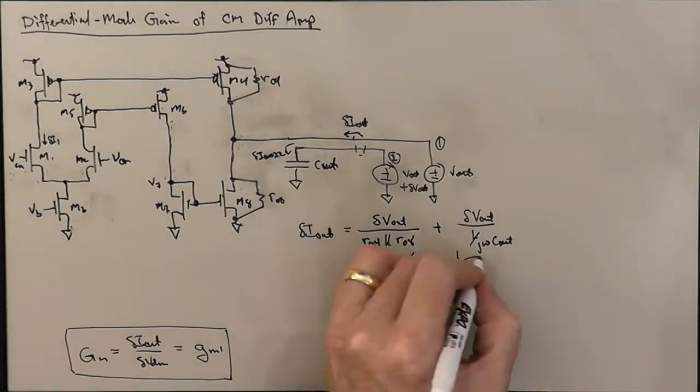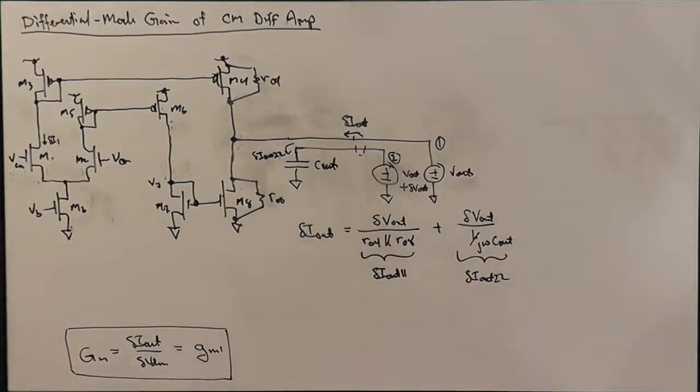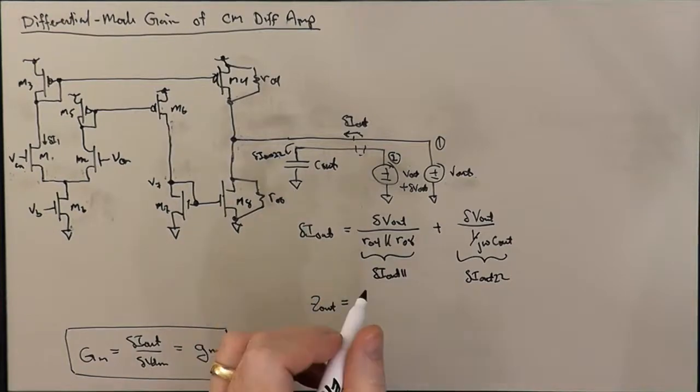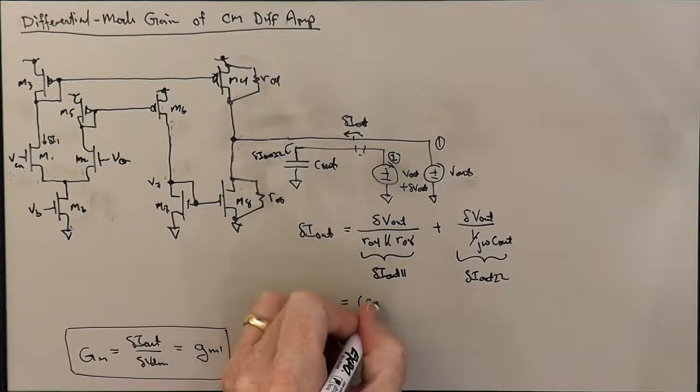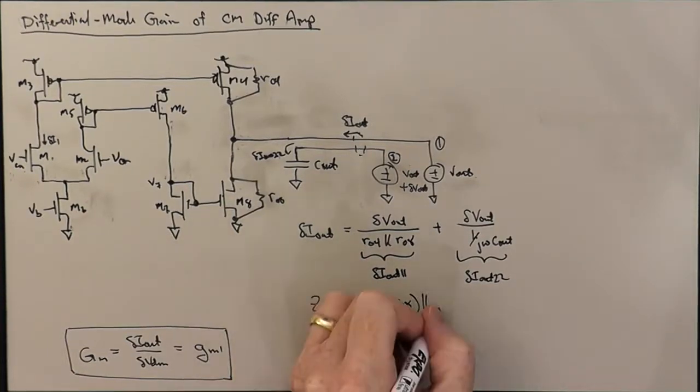And this is delta I out 2, 2. And so that 1 over j omega C out will pop upstairs into the numerator, if you like. We have a number of different ways we could write this, but we can have Z out, the incremental output impedance of the circuit, will be given by RO4 parallel RO8 in parallel with 1 over j omega C out.